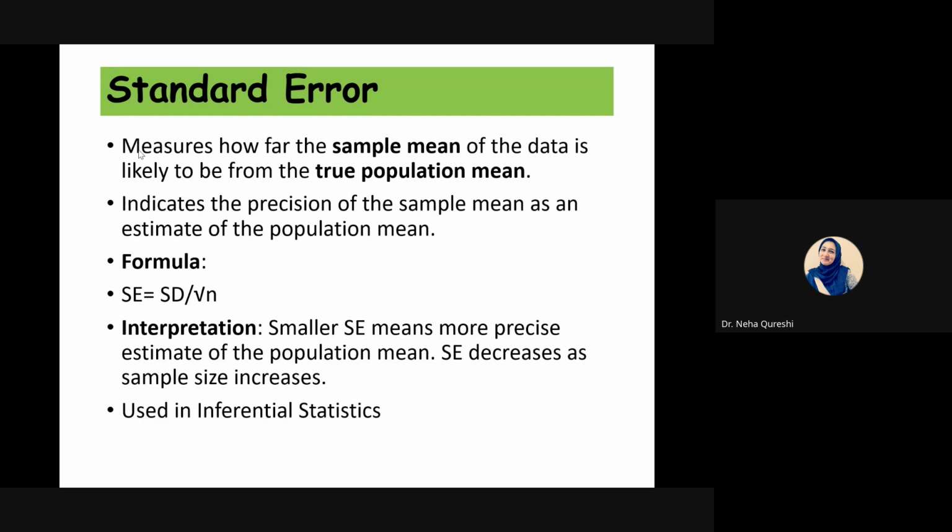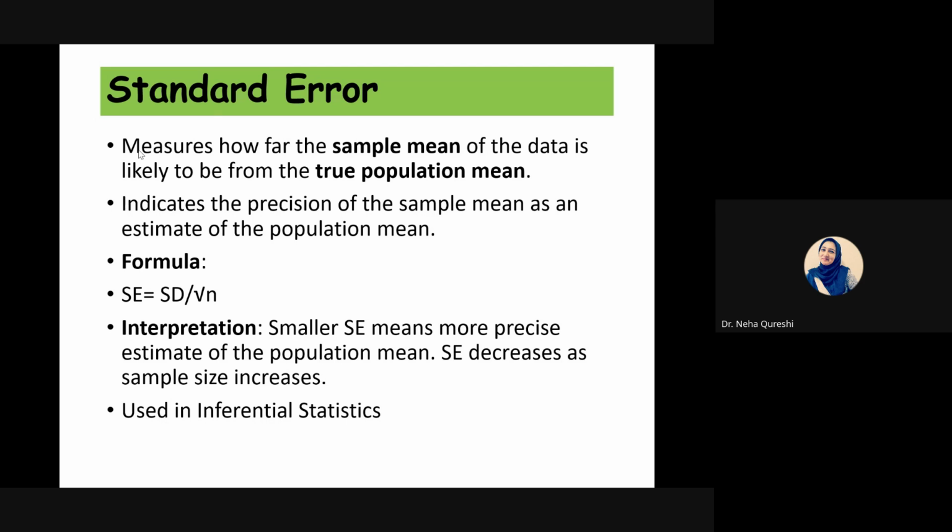Just to make things very simple, it is the standard deviation per unit of a sample. That means how close your sample mean is likely to be to the true population mean. So mostly what we do, we take a sample because we cannot do an analysis with the entire population.